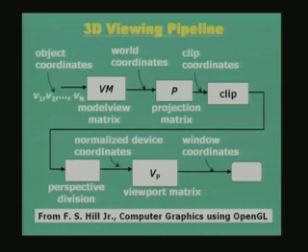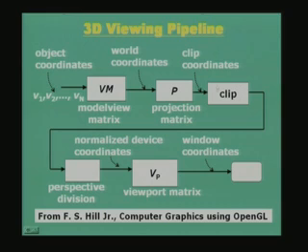Well, we talked of a 3D viewing pipeline, which is also present in your OpenGL environment. It starts with object coordinates transformed by the model view matrix to the world coordinates. The model view matrix V multiplied by M, which you can set, will transform these object coordinates to world coordinates. Then the projection matrix will transform the world coordinates onto clip coordinates.